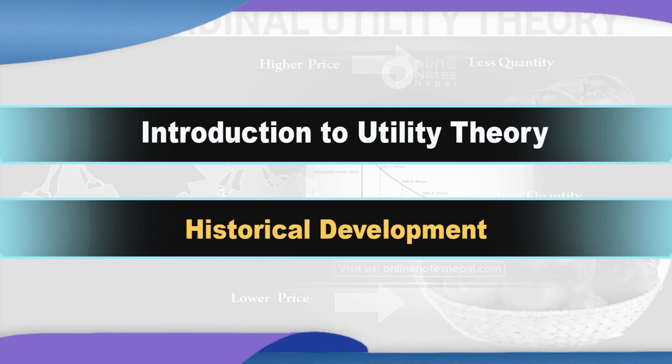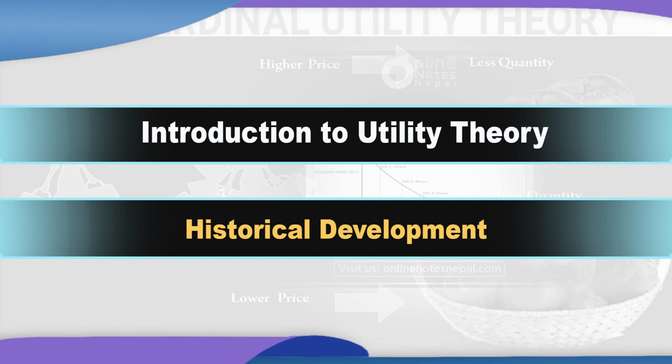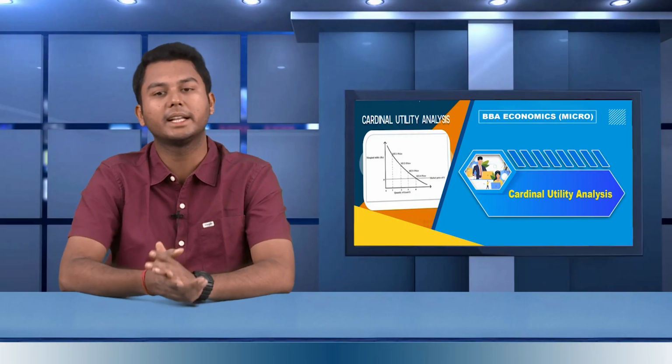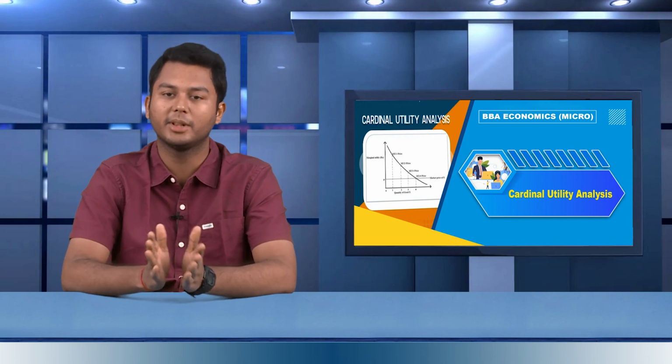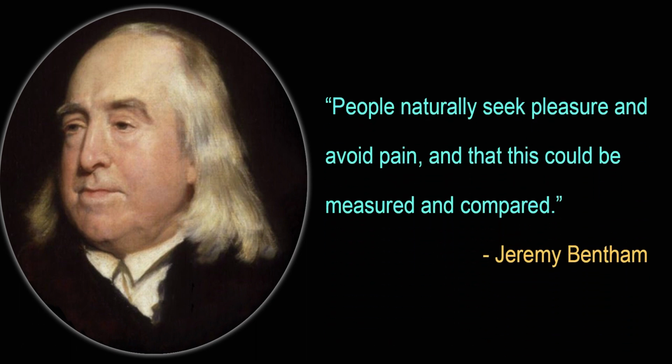Let us look at the historical development of this concept. The concept of utility was first introduced by the philosopher Jeremy Bentham in the 18th century. He believed that people naturally seek pleasure and avoid pain, and that this could be measured and compared.